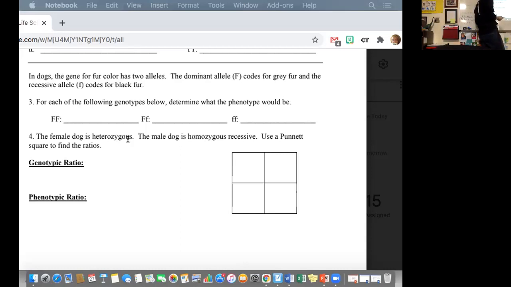What does that dog look like? Little f, little f. Homo means same, and recessive means lowercase. So those are the 2 parents. Put them in the Punnett square and figure out the genotypic and phenotypic ratios. The backside is very similar to the dog scenario. So that is your assignment today.